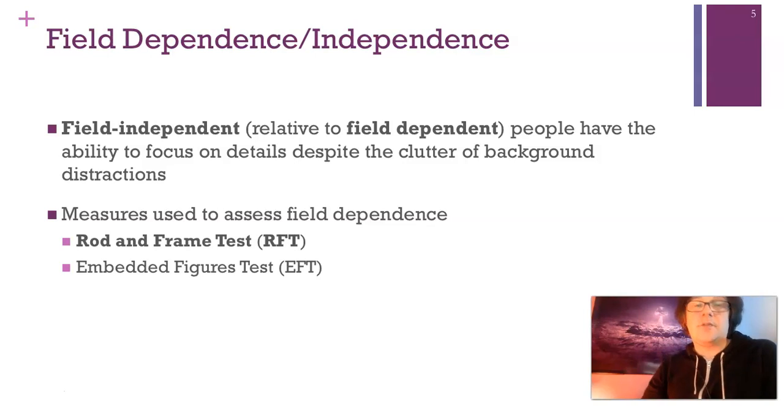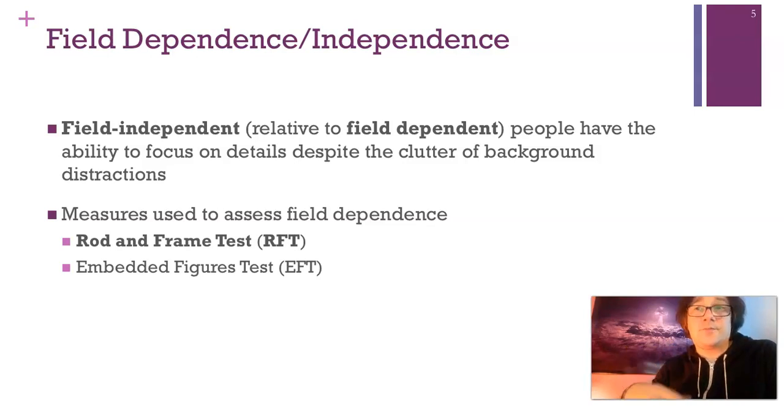Those demonstrating high performance on the test would be defined as being field independent. These are the people who are able to pick out these forms and these figures within this really complex and confusing type of background.